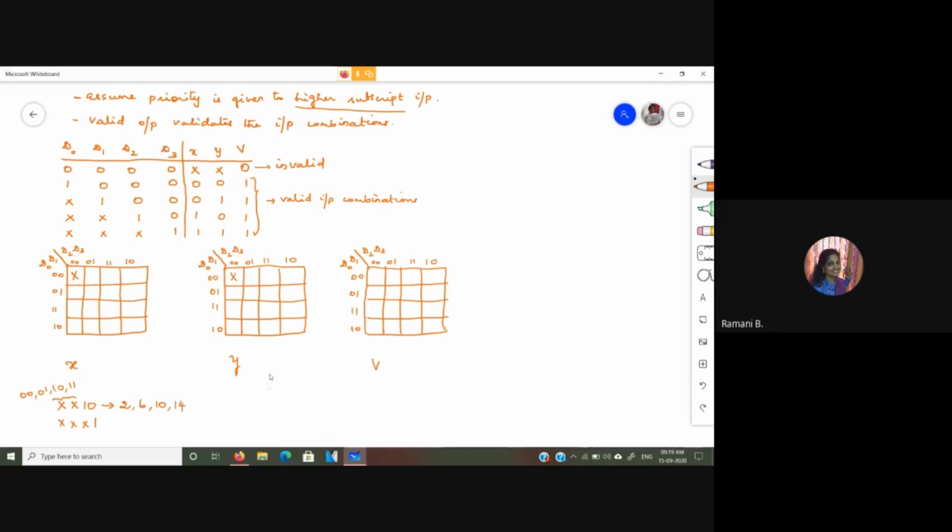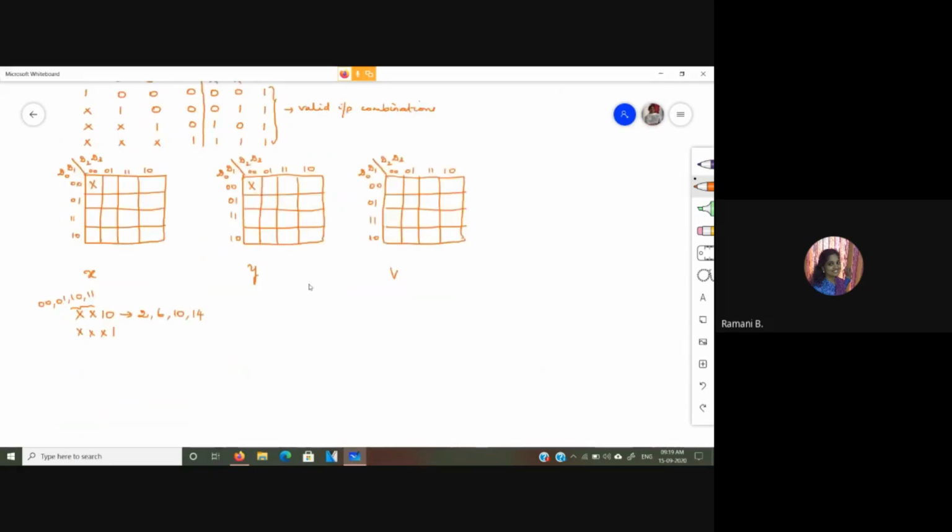Okay. As it is given with X mark for those inputs, you have to consider all the possible combinations. Similar way, for these 3X, you have to consider all the combinations.